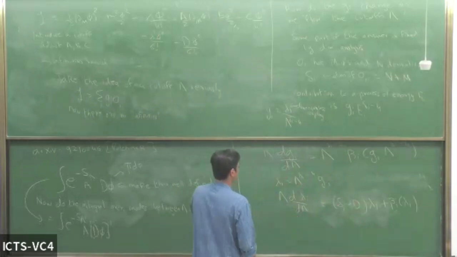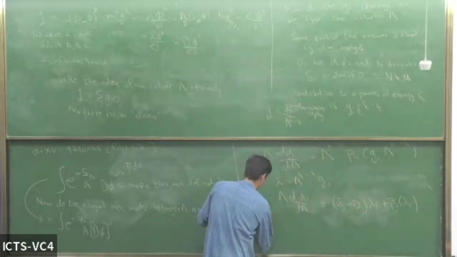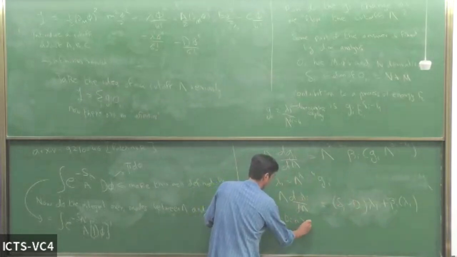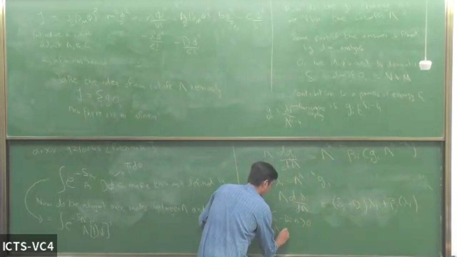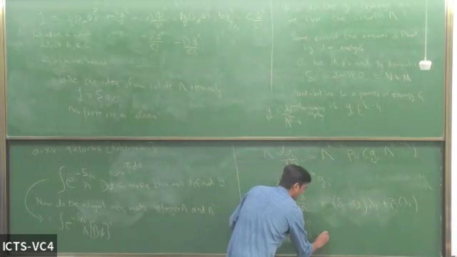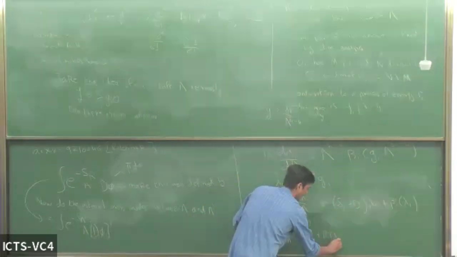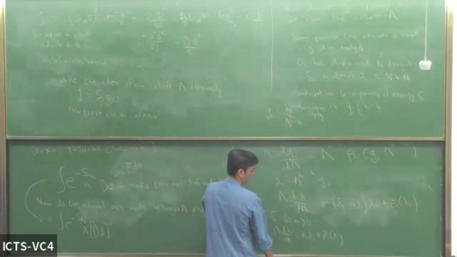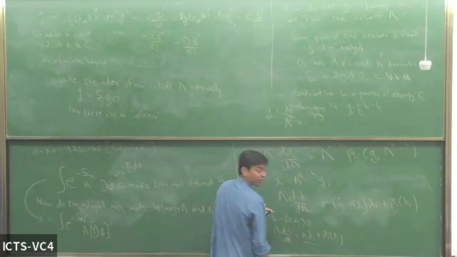So for instance, if delta_i minus D is equal to n, greater than 0, then what you will get will be d lambda by d Lambda equals n lambda_i plus some other beta_i(lambda_i). And in the limit where this is small, as you go down in energy, the flow is just dominated by this.